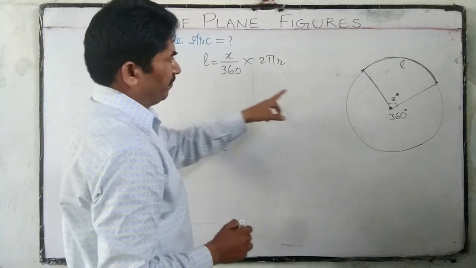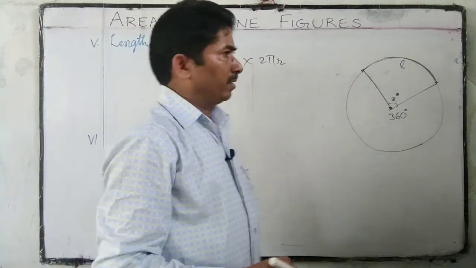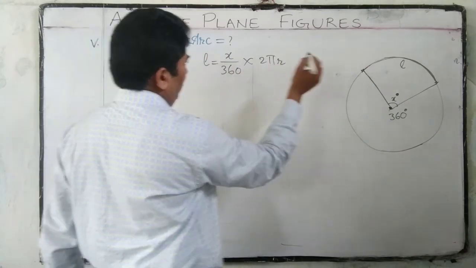This is the formula for finding length of the arc.